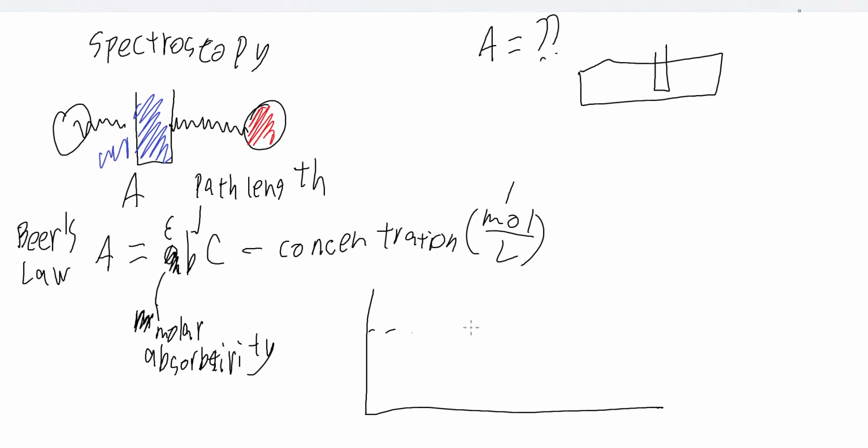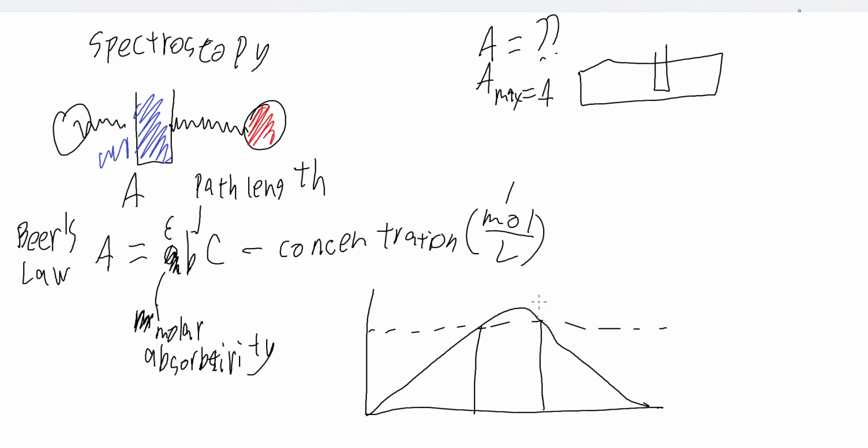And this machine really operates best under conditions where the A max is equal to 1, because of course it does. And so if we're going back here, usually these will be the best values for your experiment.